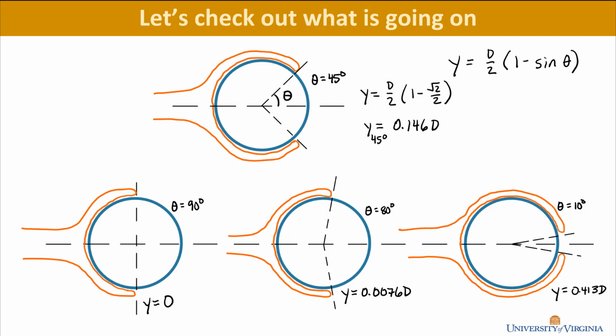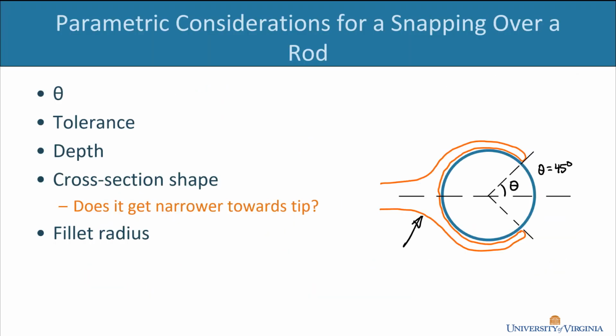The shape of the sine function works. So if you're designing for something snapping over a rod or a pole, you certainly need to think about theta because theta drives the deflection. And deflection is a critical thing to be determining for any kind of a snap fit situation.